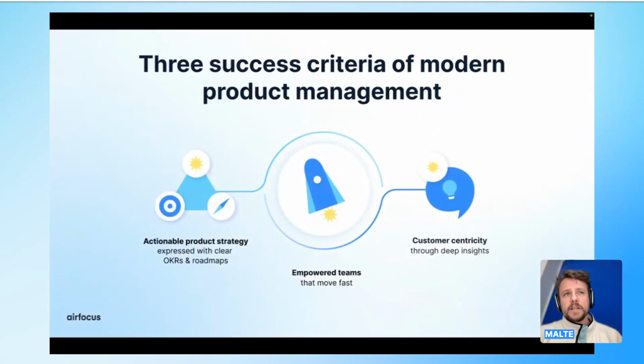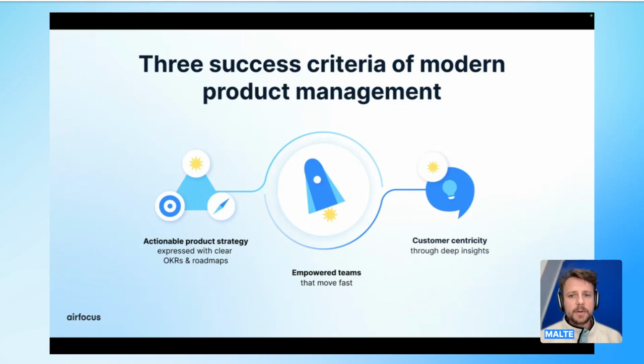When talking about product management tooling, it's also quite important, on a higher level, to talk about what makes good product management, what makes modern product management. We wrote this down some time ago. Of course, we're not reinventing the wheel here.